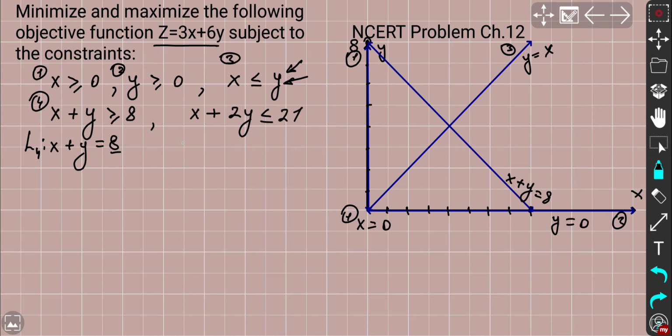So x plus 2y equals to 21. That's line 5. And what I'm going to do right now is set up the line x plus 2y. For that reason, I just create a table of values. I need to have 2 points for that.